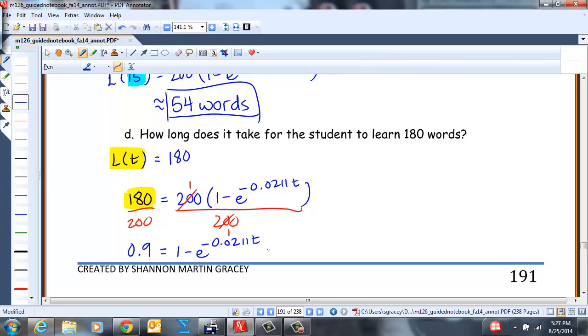Now we need to get the exponential isolated before we can solve for t. So again, if I add the exponential to both sides, I get e raised to the negative 0.0211t is equal to 1 minus 0.9, which will be 0.1.